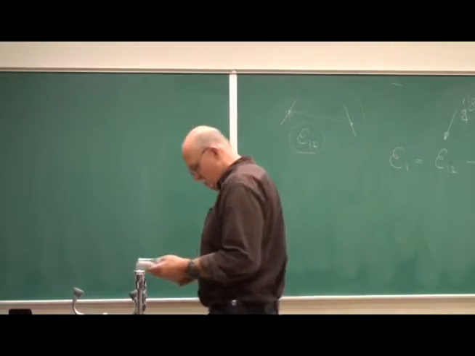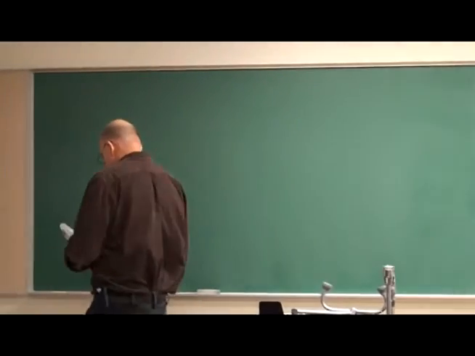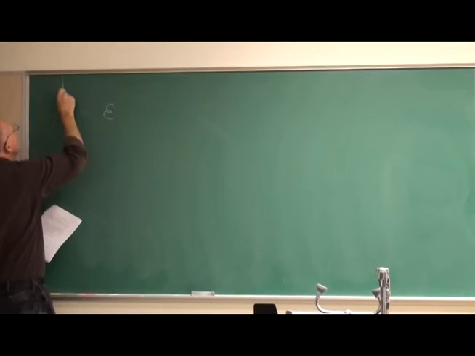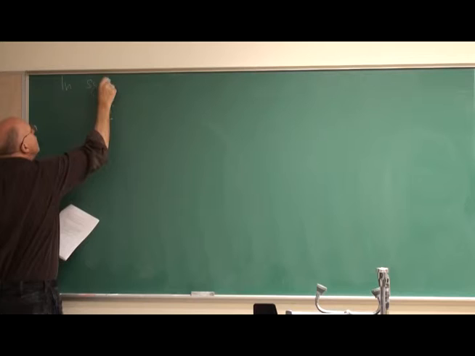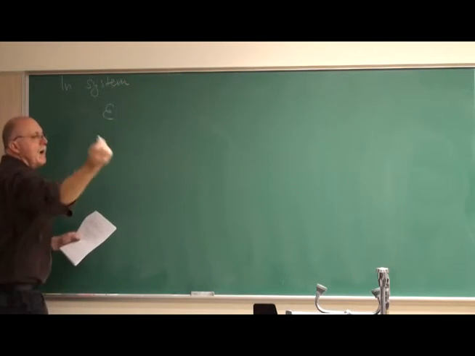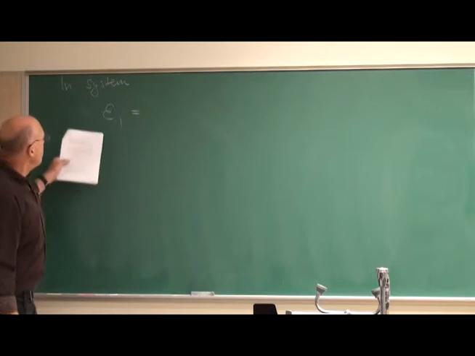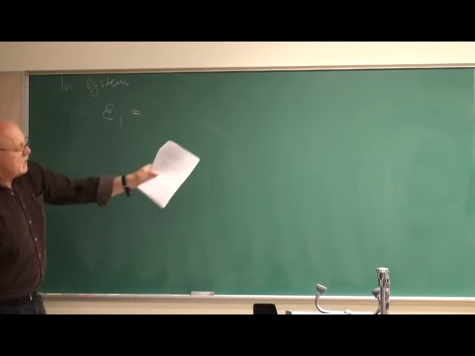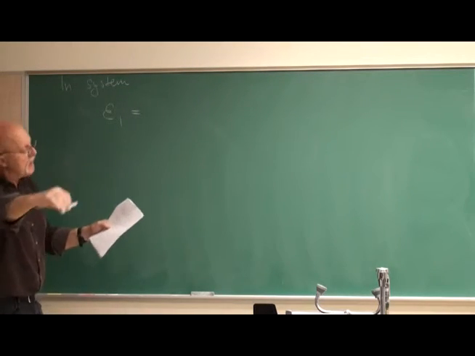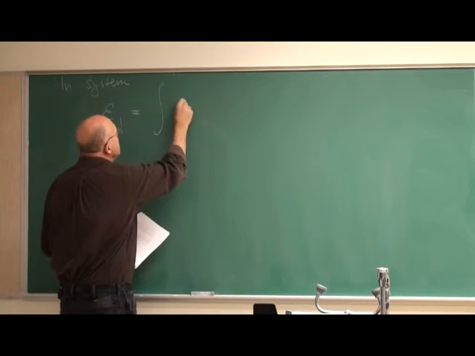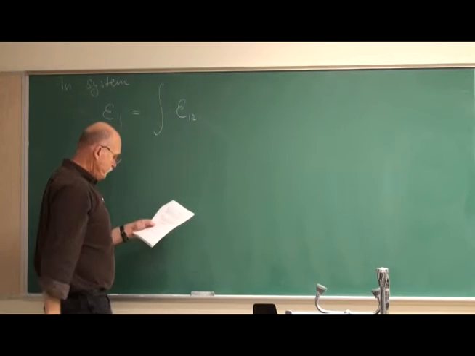So let's do it. In a system of lots of molecules, the potential of one particle will be just like that, but I have to sum over all the neighbors, and I'll sum by doing an integral. So I have E12.